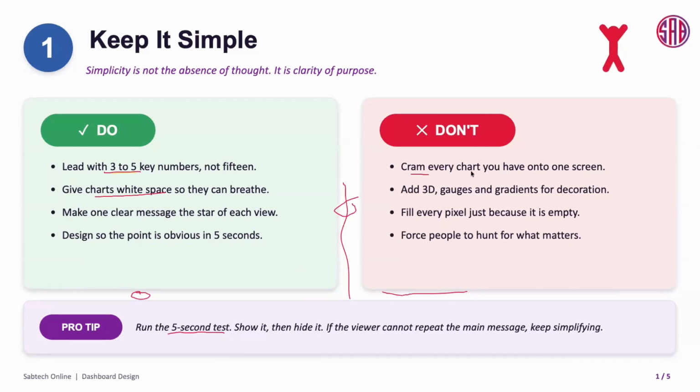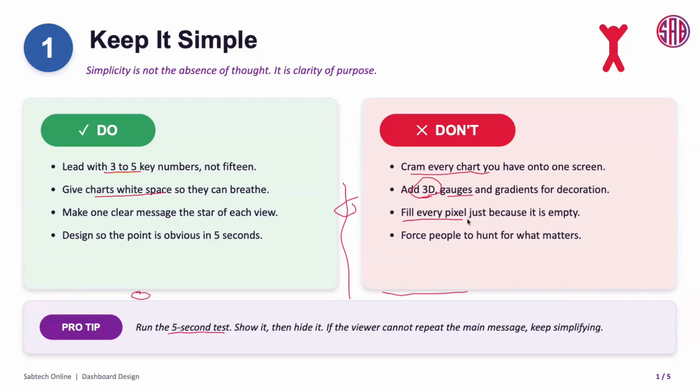So don't cram every chart on one screen. You can even have more than one page if you're going to communicate a lot. Don't use 3D and gauges. I know people like using these 3Ds, but leave them for the news, for the magazines. Even the magazines no longer use them.